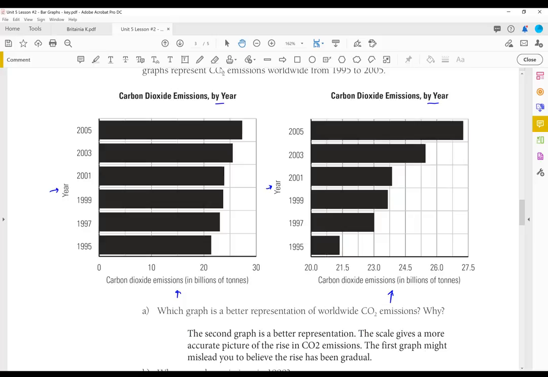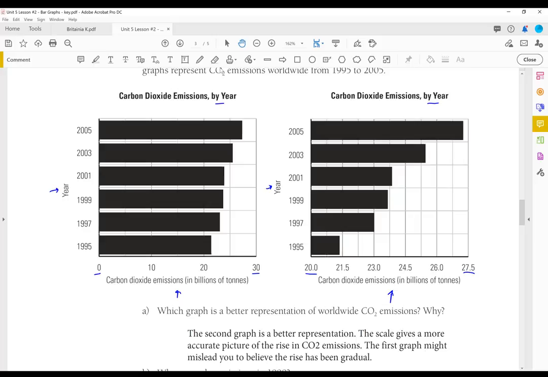But what do you notice that is different about each graph? Well, the first graph, the scale on the x-axis goes from 0 to 30. And on the second one, the scale goes from 20 to 27 and a half. So the scale is very different. And you'll see that our data, as a result, in the first graph is not spread out as much.